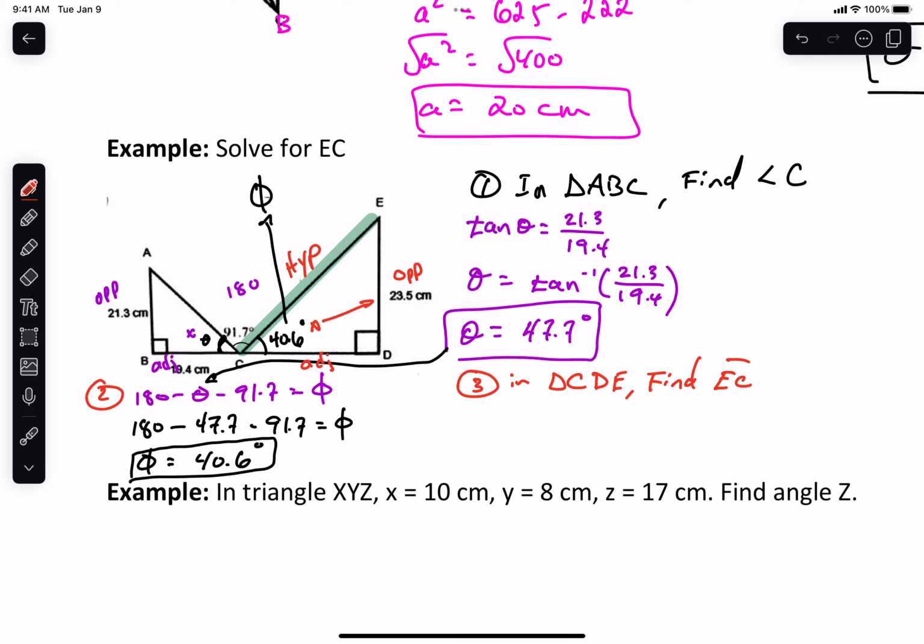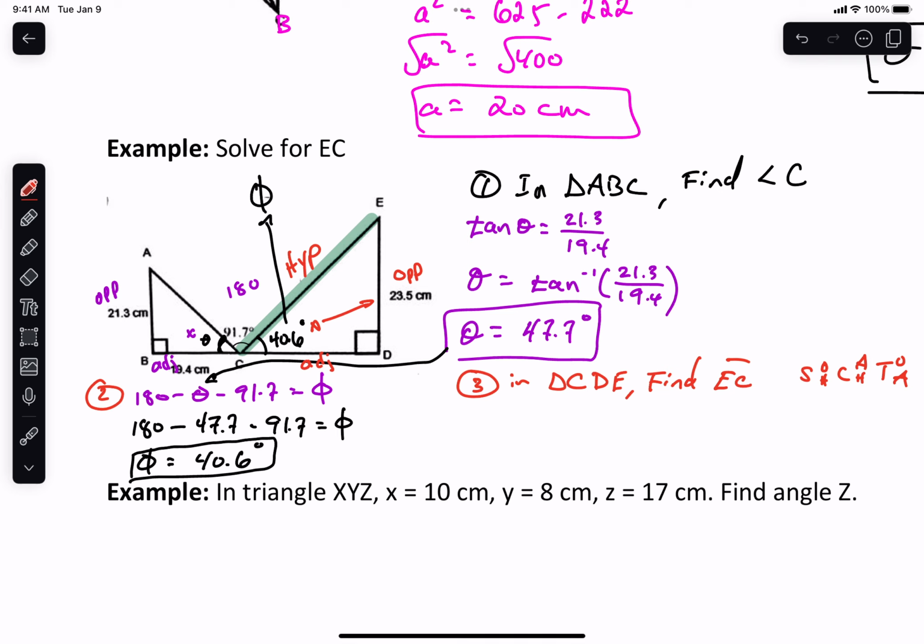Okay, I'm going to do that, or I'll write it like this. Maybe some of you like it like this, I'm not sure. Save some space too.